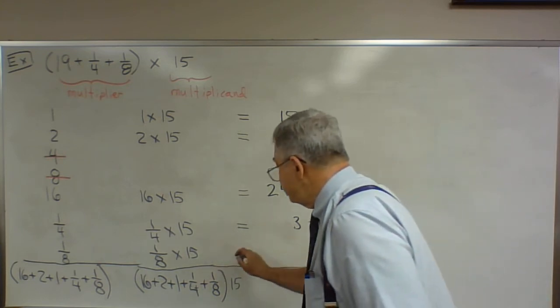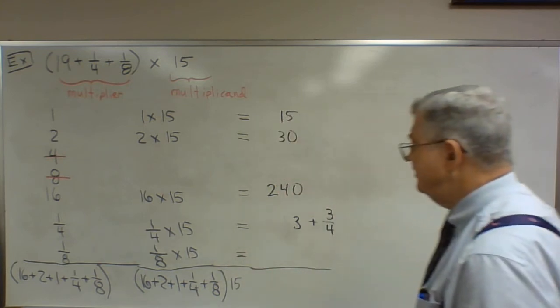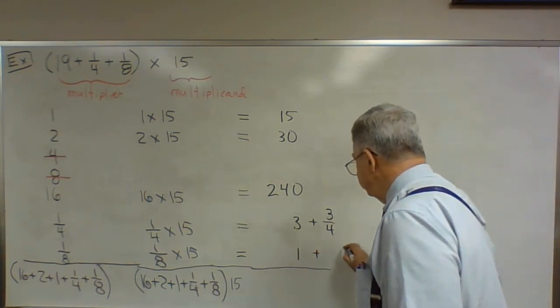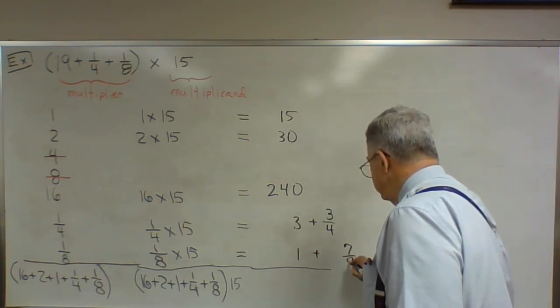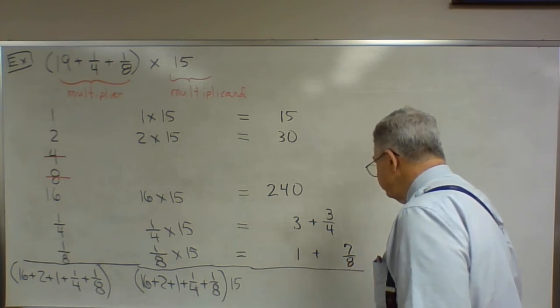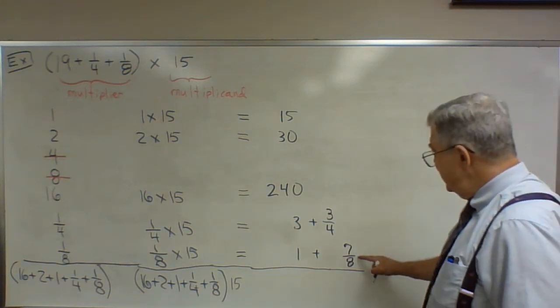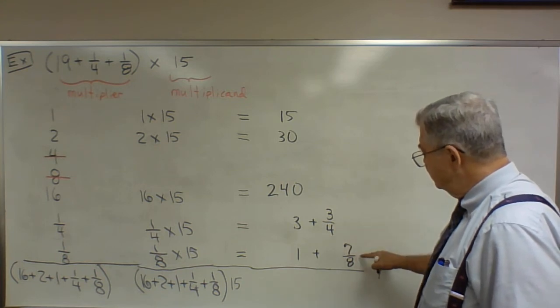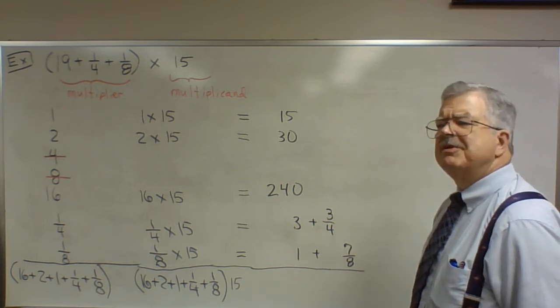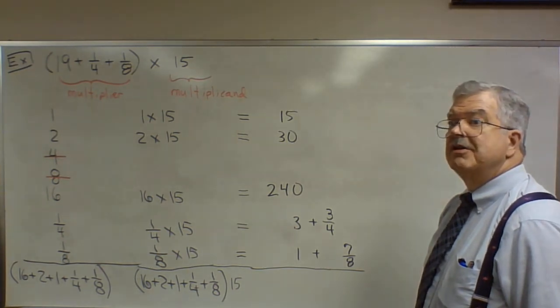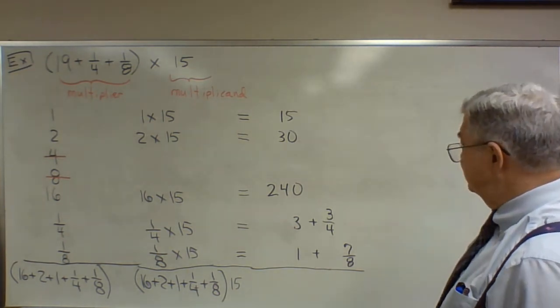And 1/8 times 15, that's 15/8, which is 1 plus 7/8. And then we just add these together. 7/8 plus 3/4 is 7/8 plus 6/8, which is 13/8, which is 1 plus 5/8.